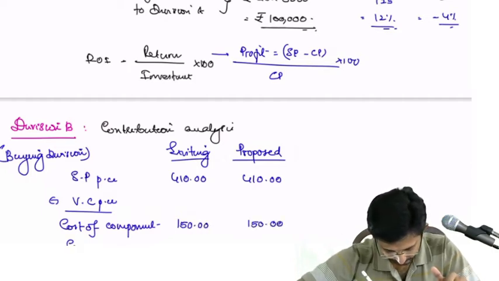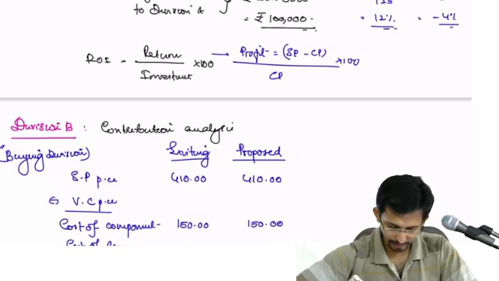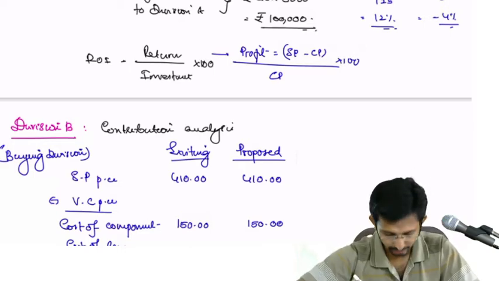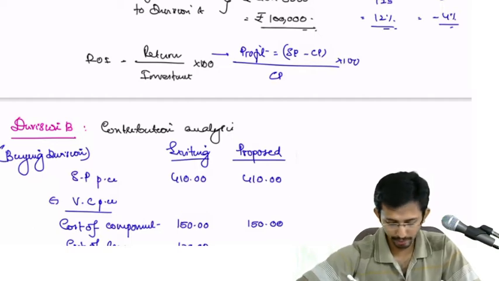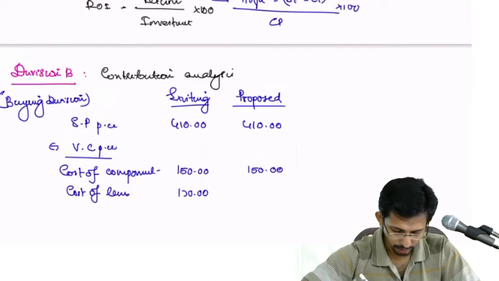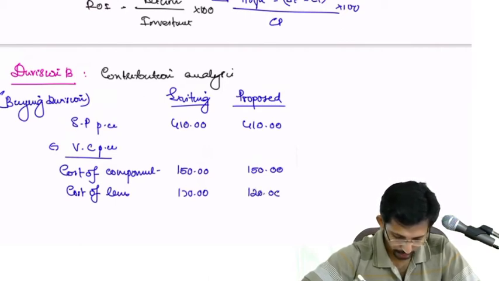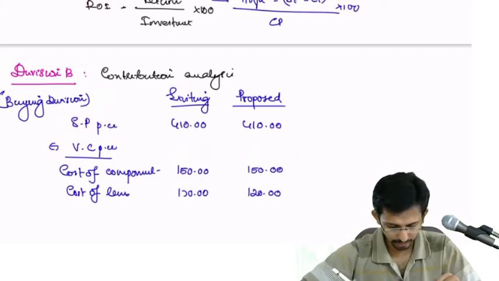Then cost of lens. In the existing situation, it is being purchased from the foreign vendors at a cost of rupees 170, whereas in the proposed situation, it will come down to how much? It will come down to 120. Why 120? Because that is the internal transfer price rate.